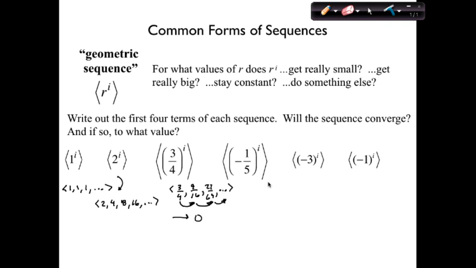What about this one? Here, we're always taking -1/5 of your previous value. Converge or diverge? Converges to 0. What about this? Right, so this diverges badly because it's like 3, then -9, then 27, then -81, right? So they're getting huge, going big positive and negative every other one.